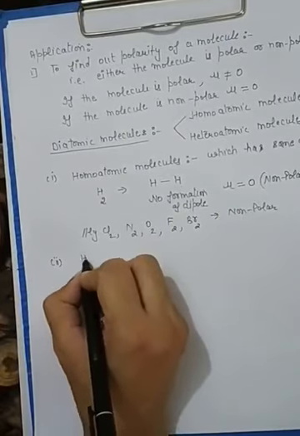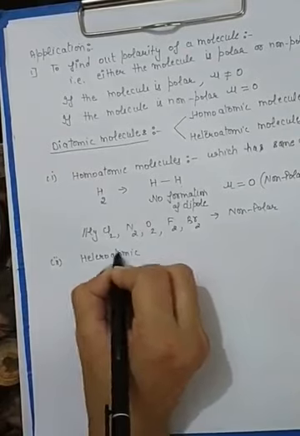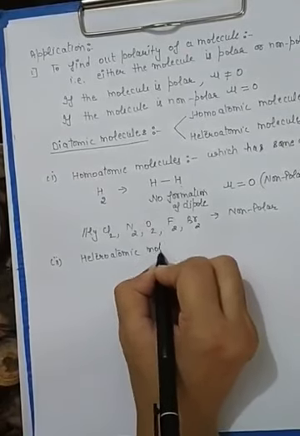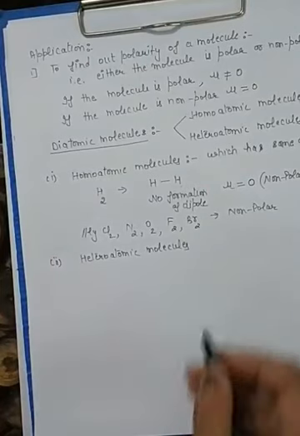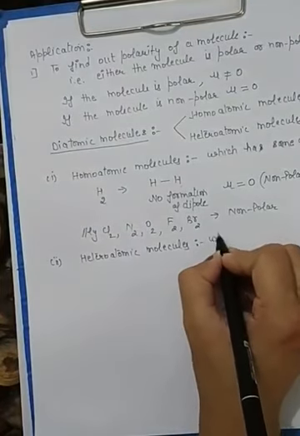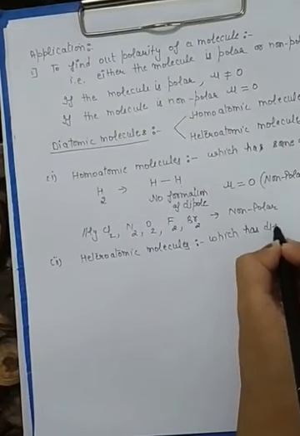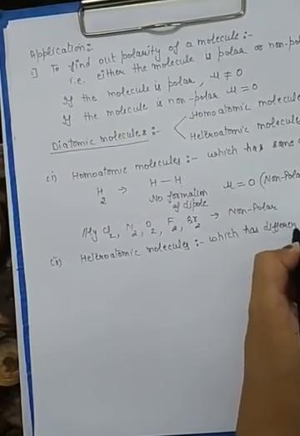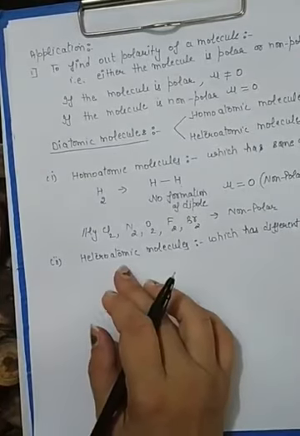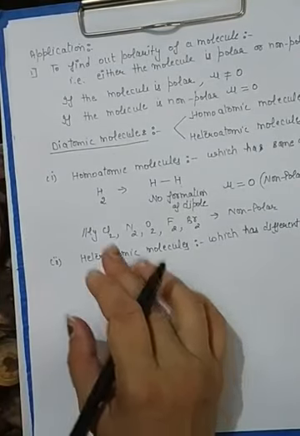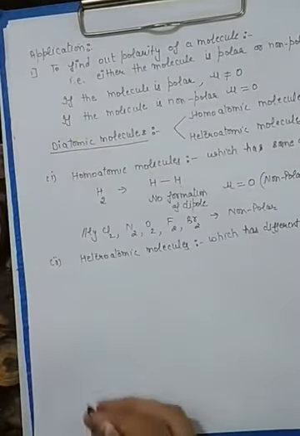Now the next one is heteroatomic molecules. Heteroatomic molecules have different atoms, in which these two atoms are different. Homoatomic, diatomic, and heteroatomic in a diatomic molecule.